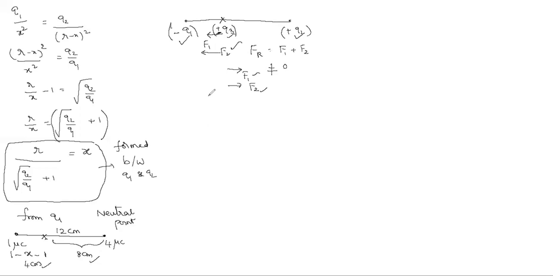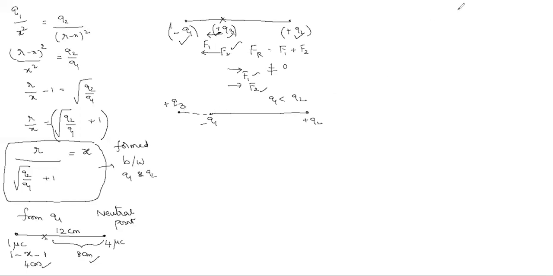Then what to do, sir? You just do one thing here. Whichever is the weaker charge, suppose Q1 magnitude is smaller than Q2, the weaker charge. Nearer to the weaker charge, you take a third charge outside. Suppose it is plus or minus.